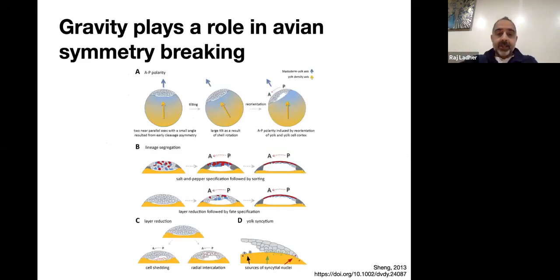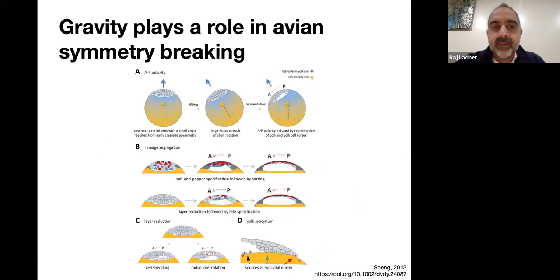Okay, so going back to the development of birds and reptiles, in fact, the symmetry breaking events that happen in birds.